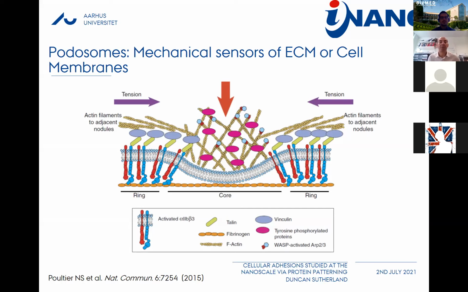So we can stain for the actin and vinculin, and we can see how the podosomes that form on our nanopattern surfaces look. For the very smallest patterns, we were getting no adhesion at all, so obviously you can't study much there. But then for the intermediate patterns, I'm now waiting for my slide to change.